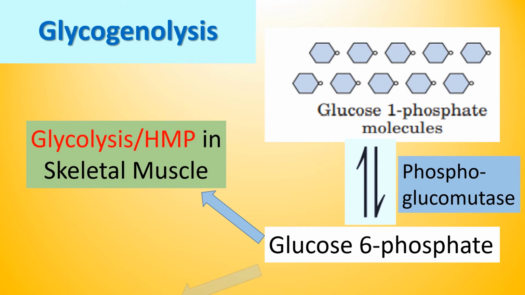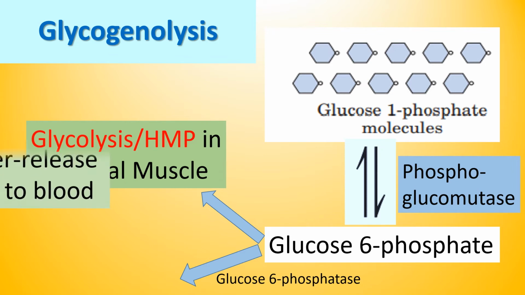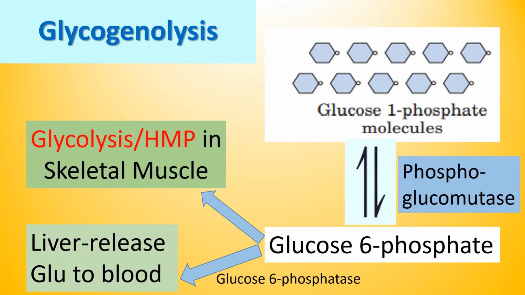Whereas in liver, the glycogen breakdown is used for a different purpose. It is used to release glucose into the blood when blood glucose level drops, as it does particularly between meals.